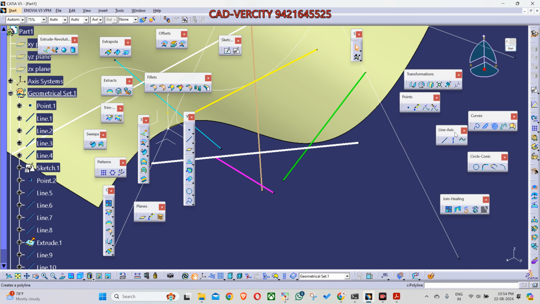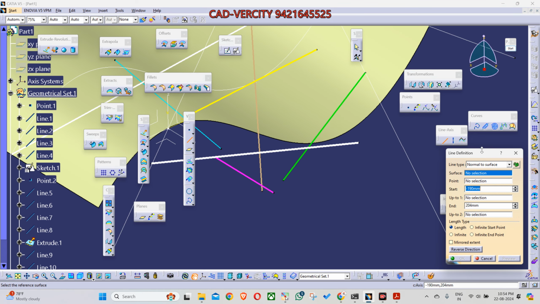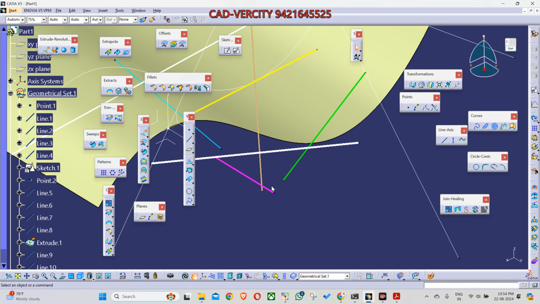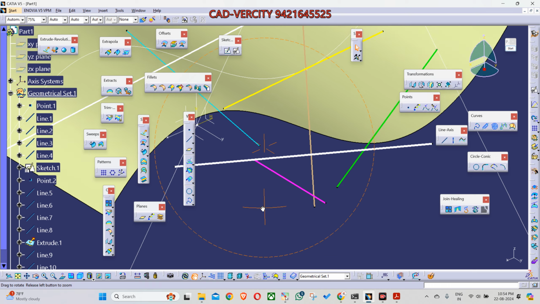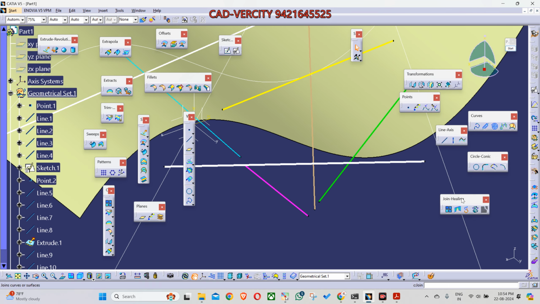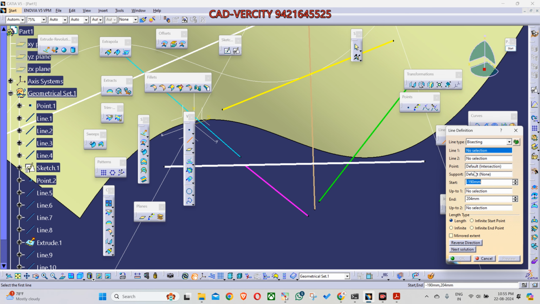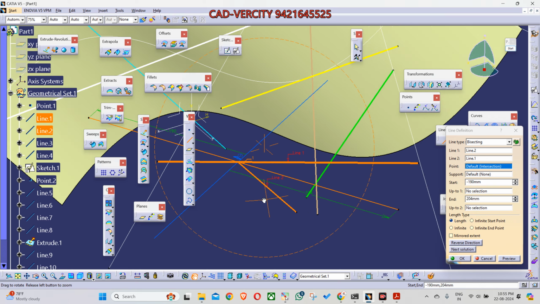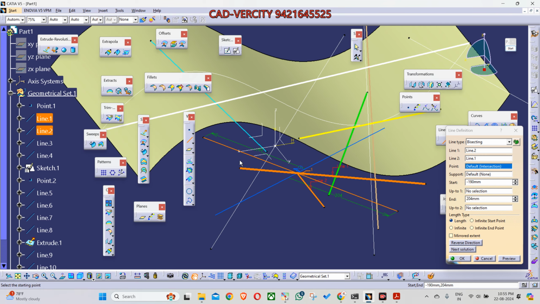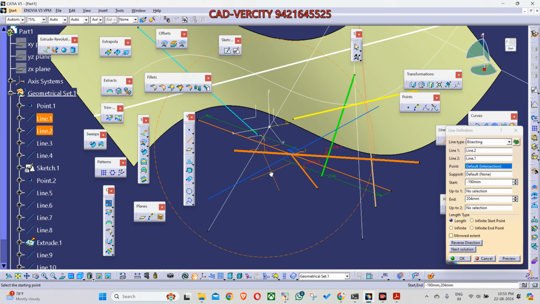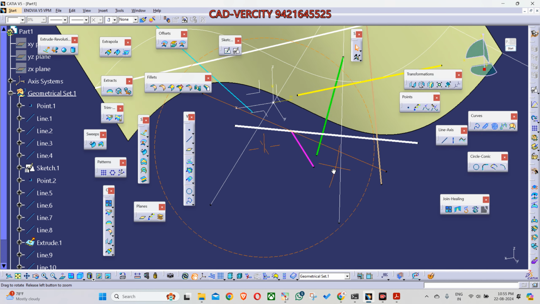Other guys, you are not using your logic, use your brain. Line 1, line 2, that's it. This is a midline, the angle bisector of both. Okay, simple.